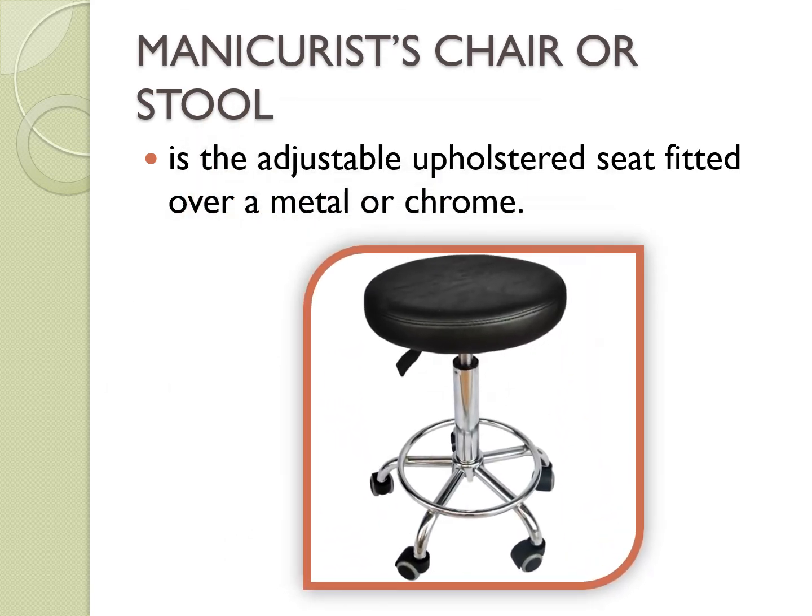Unlike clients' chairs, manicurist's chair or stool doesn't have armrest or back support. It is adjustable, so you can choose whether the manicurist wants to sit in a higher or lower position.